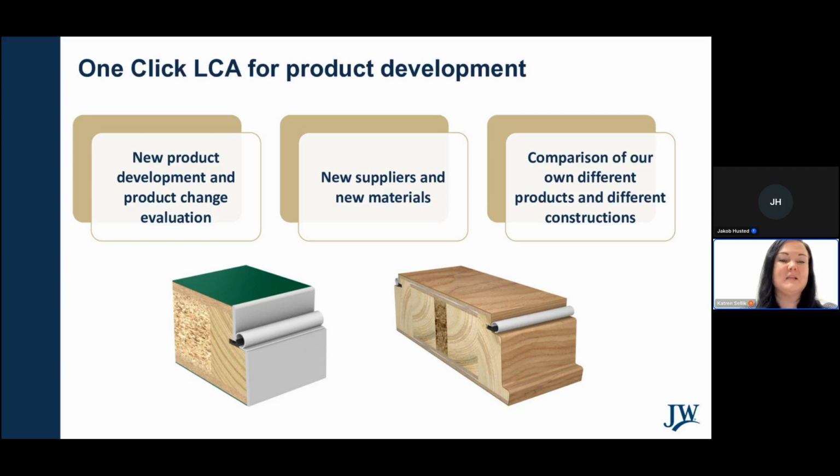Sometimes they come to us with questions like, if we compare this one exterior door with this other one, what would you say? What are the main things that contribute to the GWP, and what is the better one? What could we recommend to customers based on the life cycle assessment results?